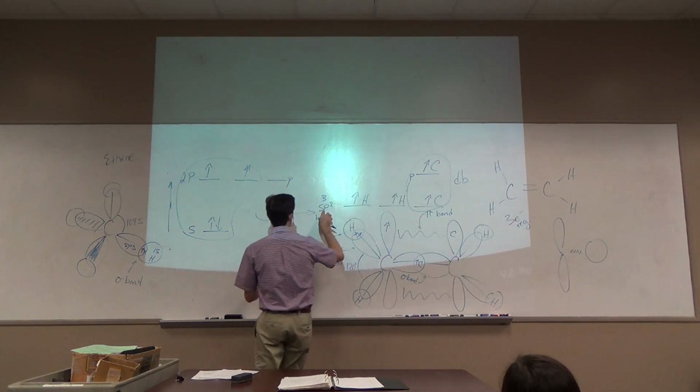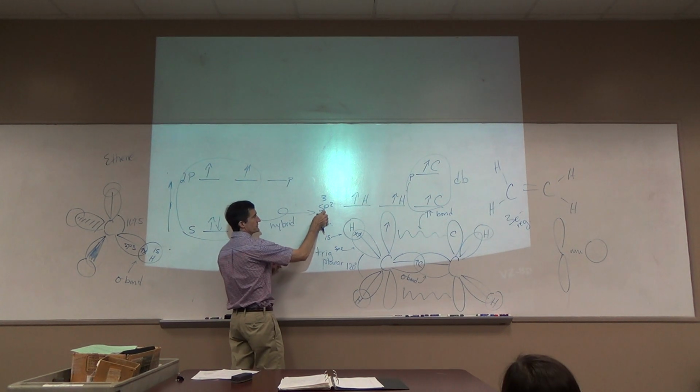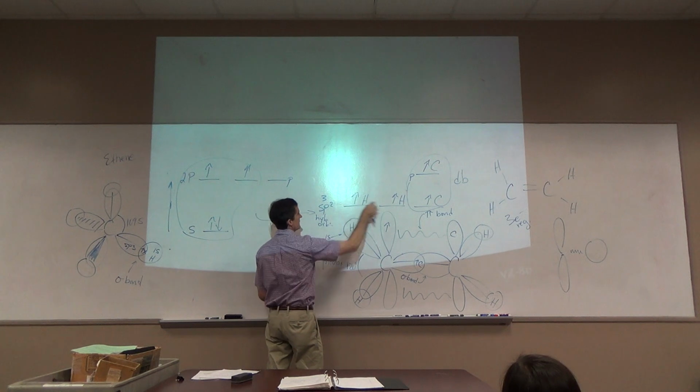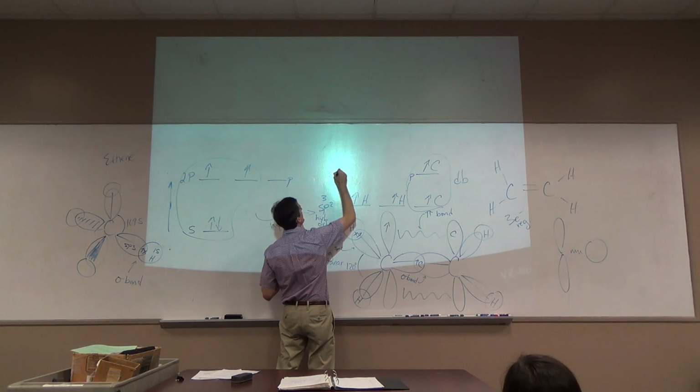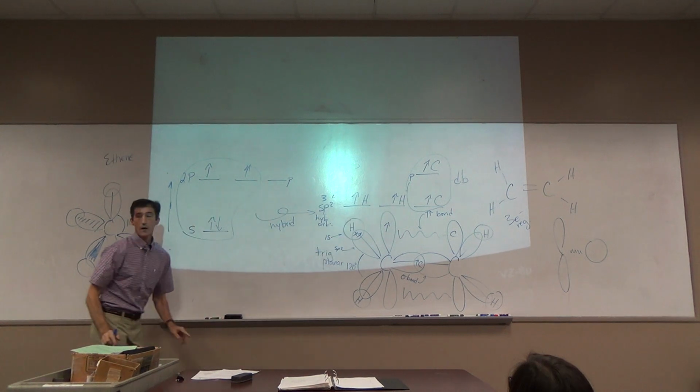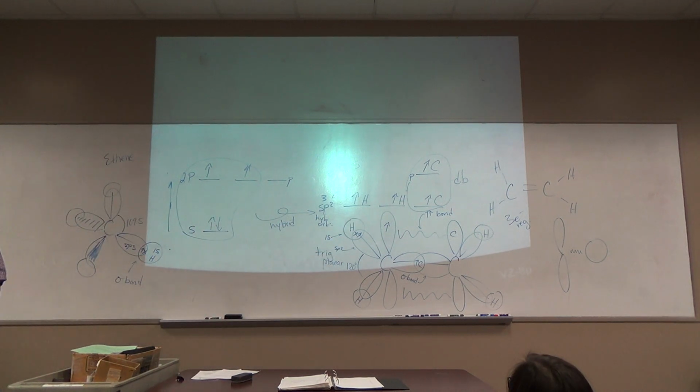In terms of s, what percent s is this? 33% s. What about the sp3? What percent s was that? 25% s. So which is longer, an sp3 or an sp2? The sp3 would be longer.